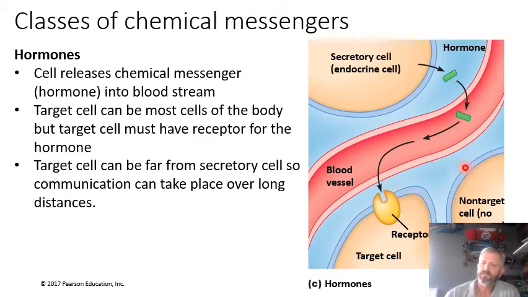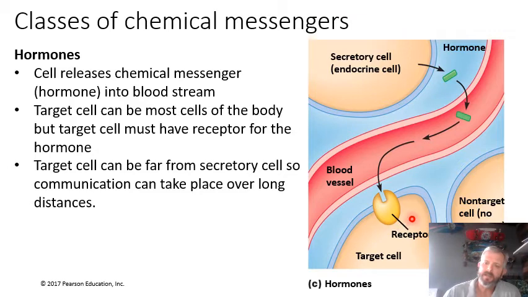Many cells don't have receptors for insulin, but the target cells are your liver cells and your skeletal muscles. They must have the receptor to respond to that insulin signal.